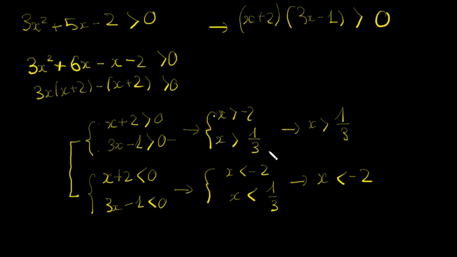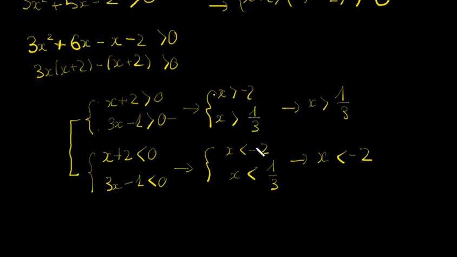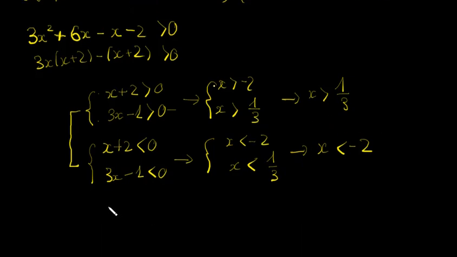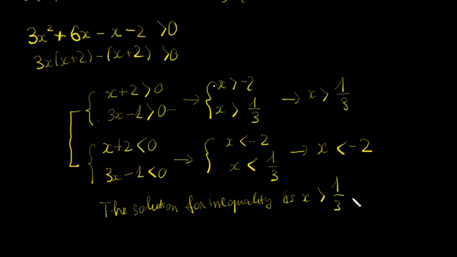So the solution for the inequality is x greater than 1 over 3 or x smaller than minus 2. Two possible solutions.